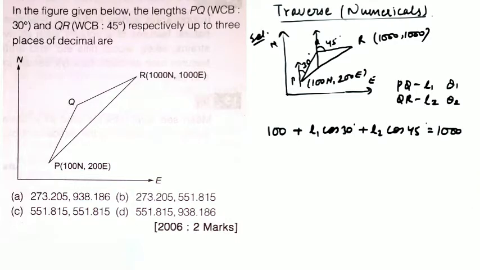We did not do this up to Q since we are not given the northing of Q, so we cannot do this up to Q.